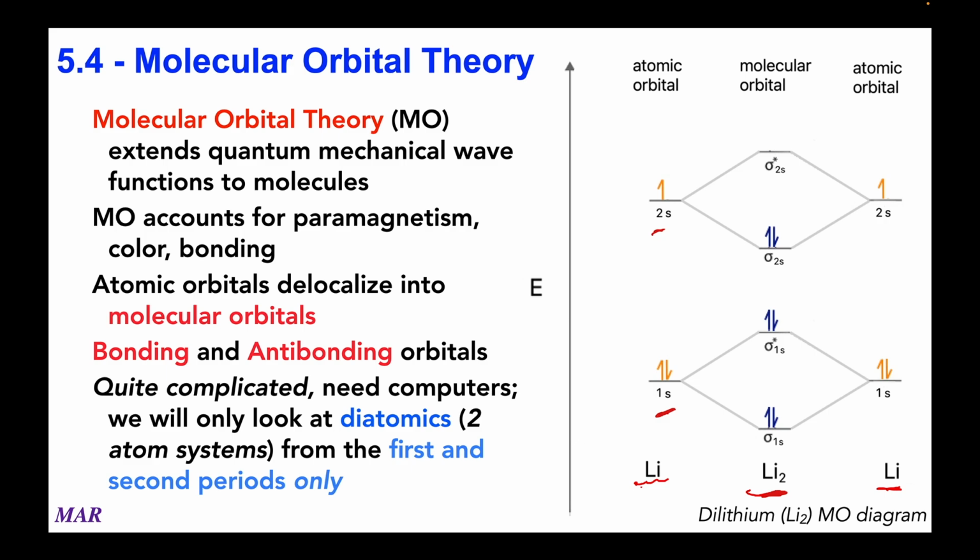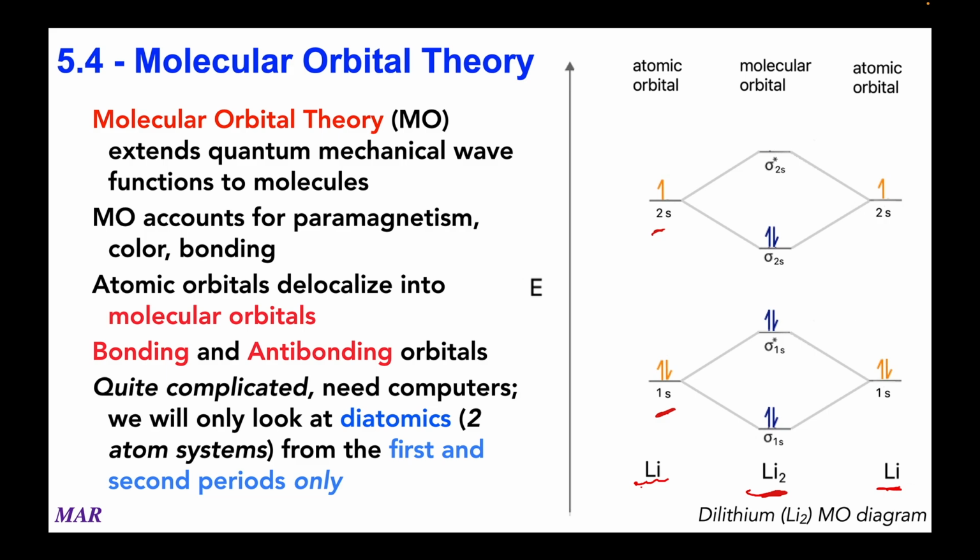So in Chemistry 221, we're going to look at very simple versions to see how this works. We're going to look at only diatomics, which are two atom systems, and only from the first and second periods. So this isn't going to be a huge example set. We can look at, say, O2, and we can look at H2, but we won't look at things with three or more atoms.